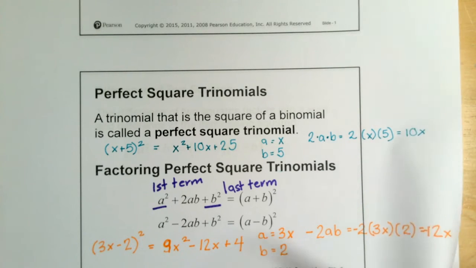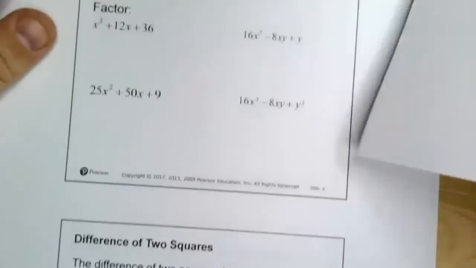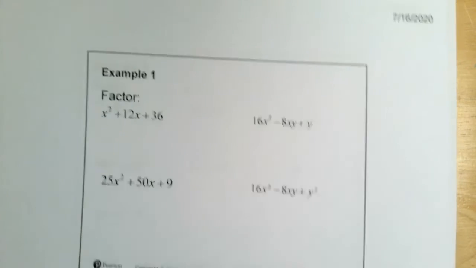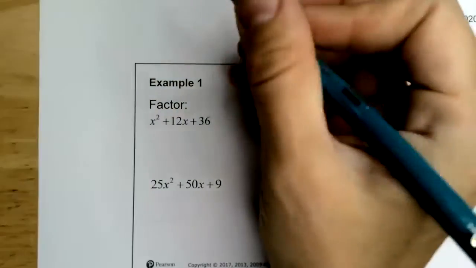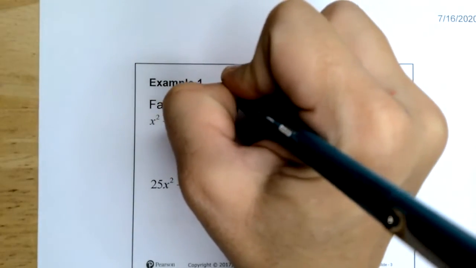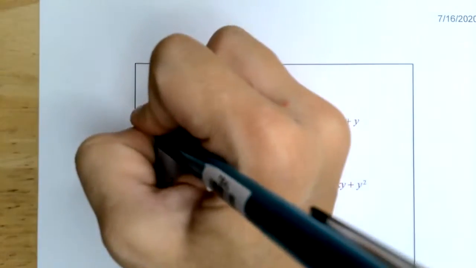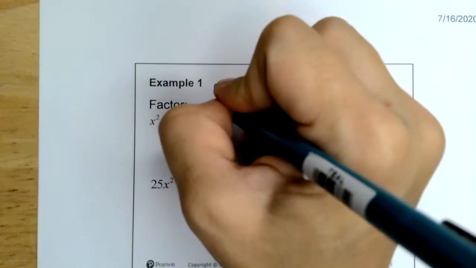Let's look at example 1. X squared plus 12x plus 36. Okay, so for this guy, if it is true, a will be x, right? Because the square root of x squared is x.